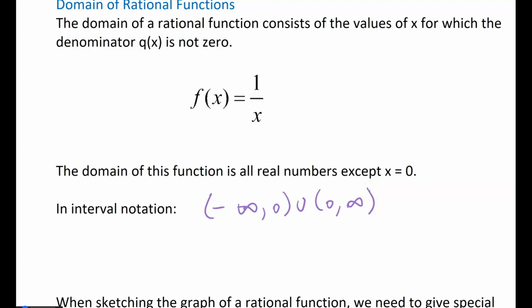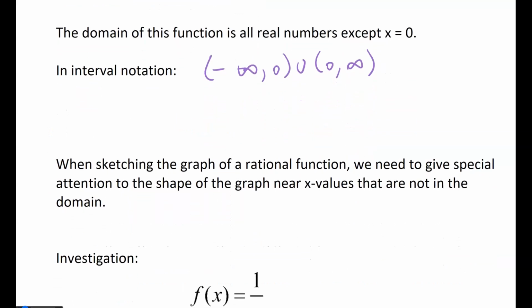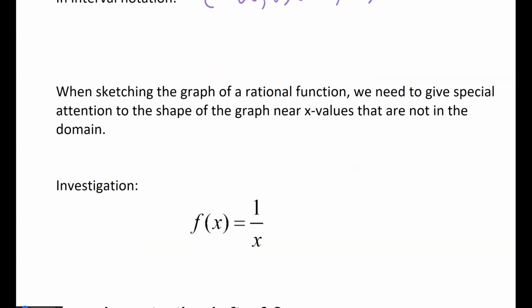Okay, so when we are looking at the graphs of these rational functions, we need to pay close attention to what is happening when we get close to these x values that are not in the domain. Okay? So again, I'm starting with this basic function here, 1 over x.